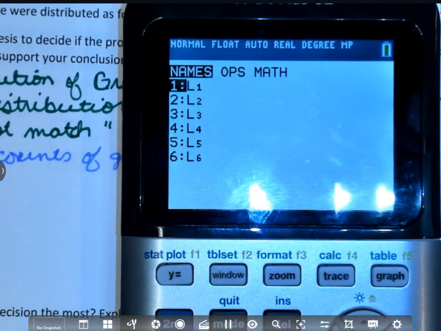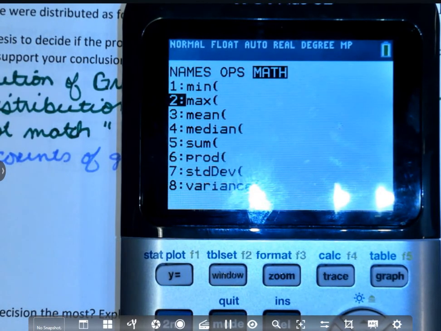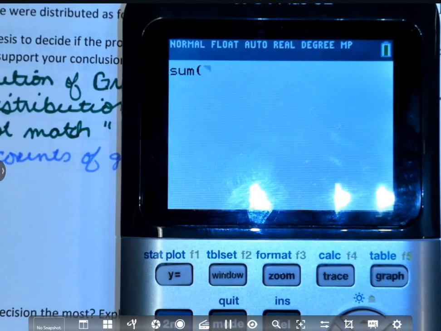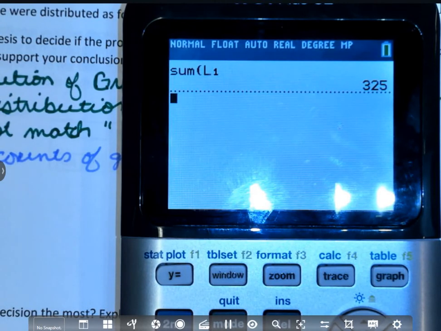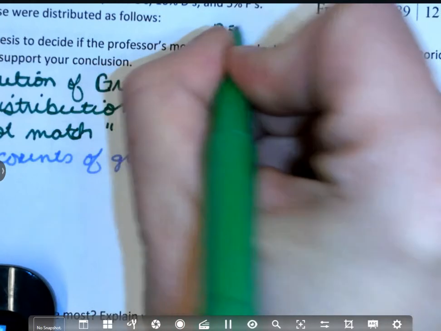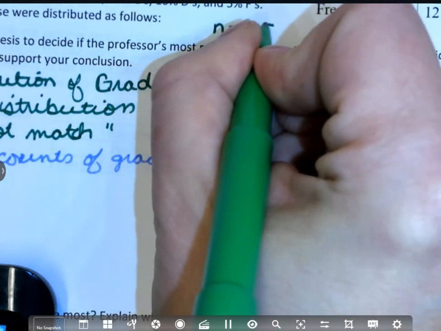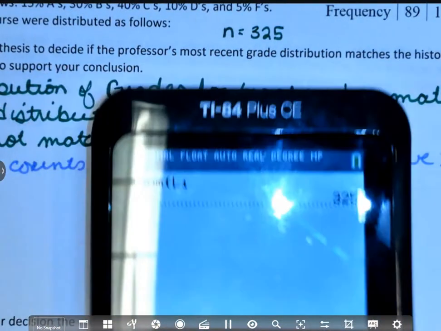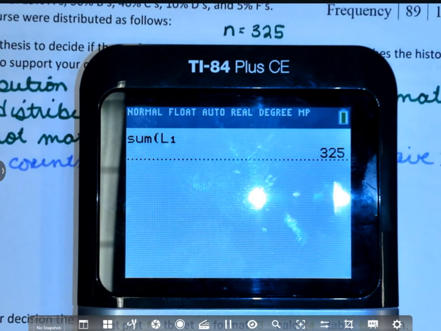Or you can go to your list and just take the sum of your list 1. That way I don't have to type them all in and add them up. So if I'm looking at this, I got that my total number was 325. Do y'all understand what I did there?